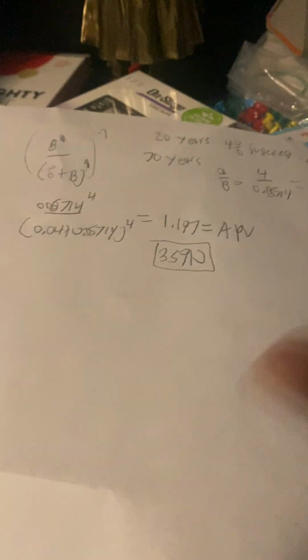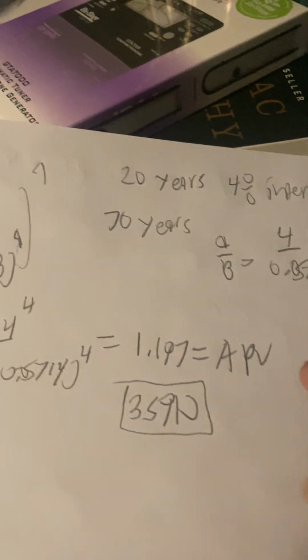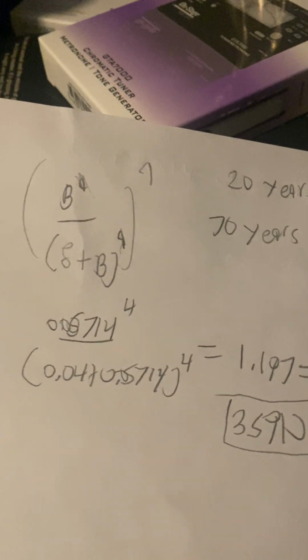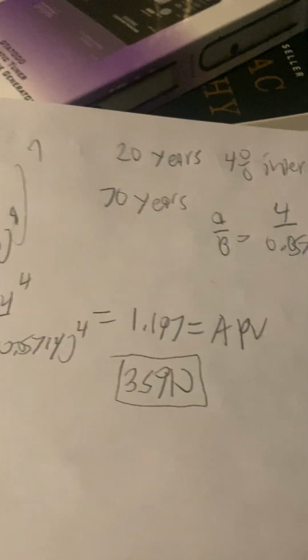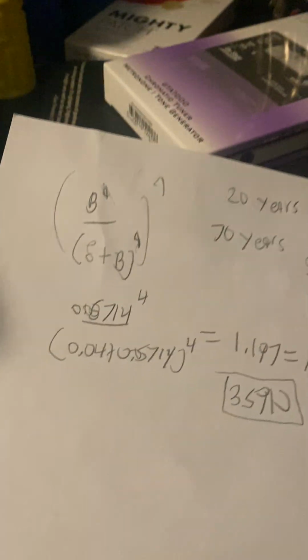So this was another example I did. In this case, we had 20 years, 4% interest, and then they were going to live 70 years to 90 years. So we calculated alpha and beta, and we got 35.9 thousand.